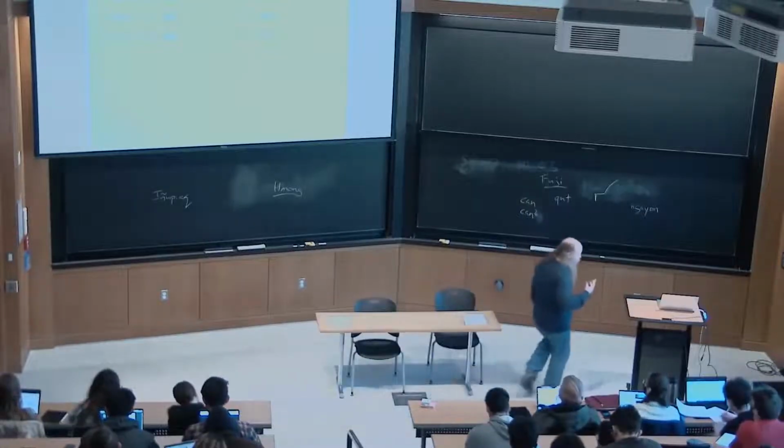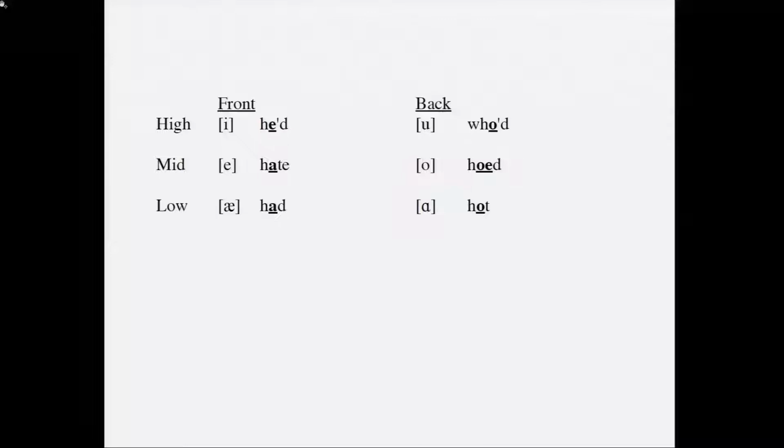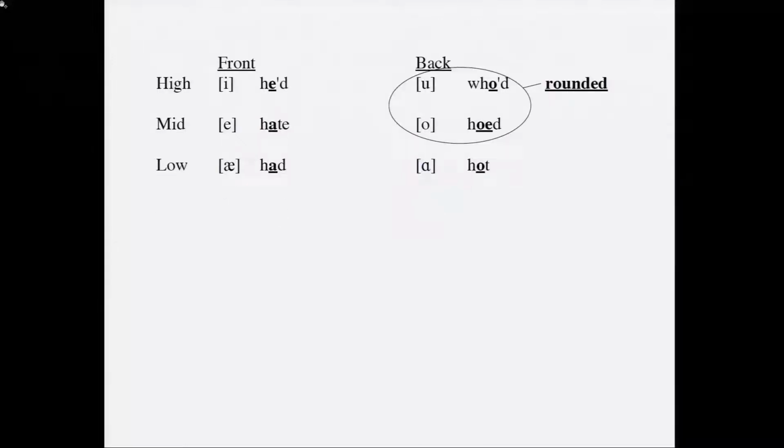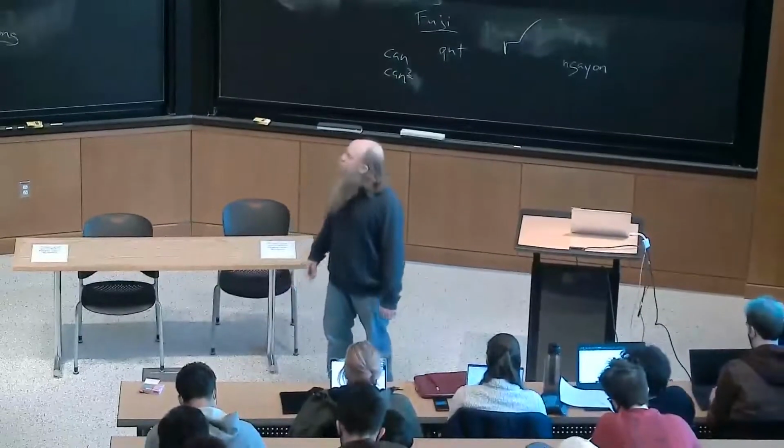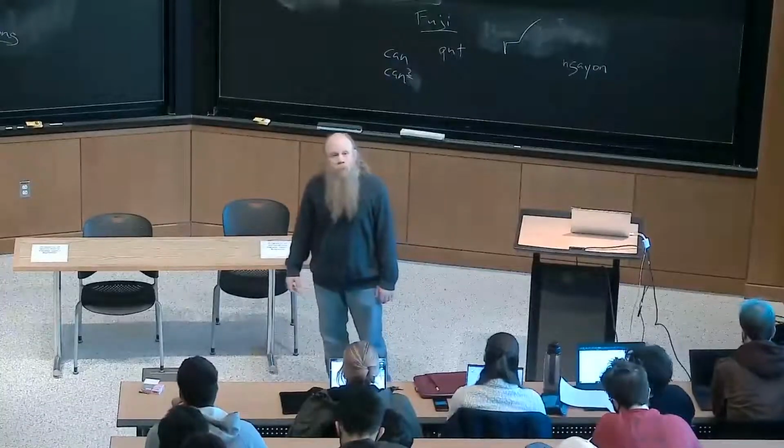And then this is the other point that you guys made. Some of these vowels are rounded. So in English, the back non-low vowels, the back high and the back mid vowels, are rounded. In who and ho, your lips have to round to make those vowels. But for hot, your lips don't round.